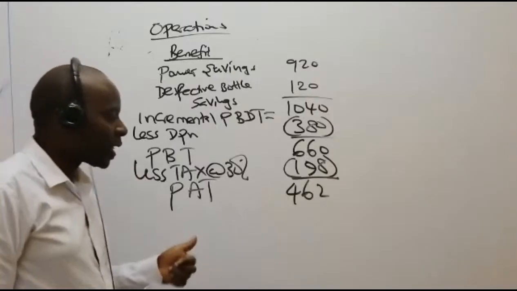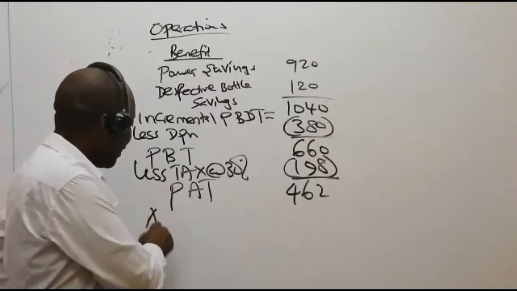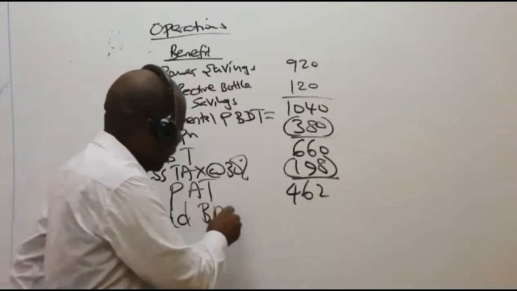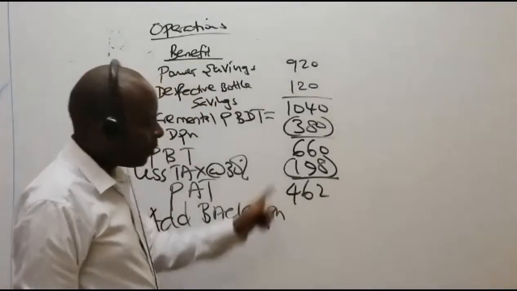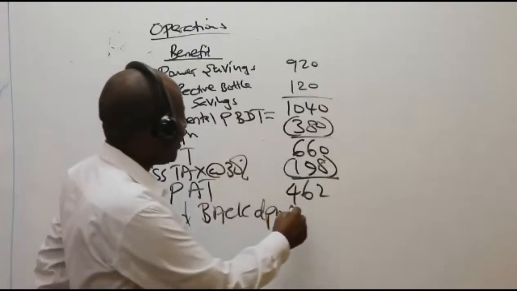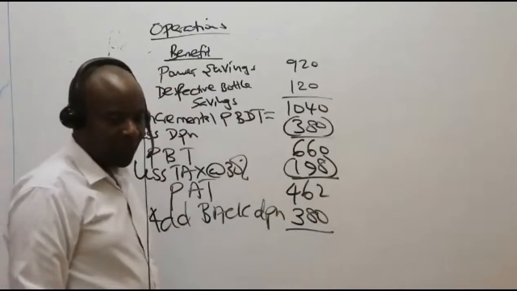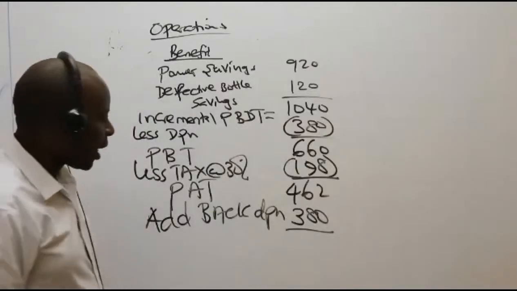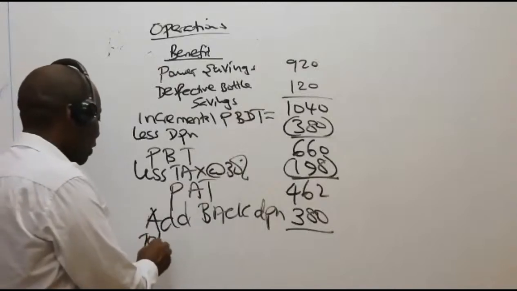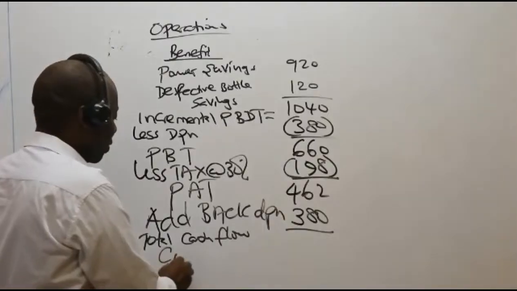Profit after taxation is 462. But because I want cash flows, I'll come and add back depreciation, my incremental depreciation of 380. So could you kindly give me the total cash flow, which is operational in nature?